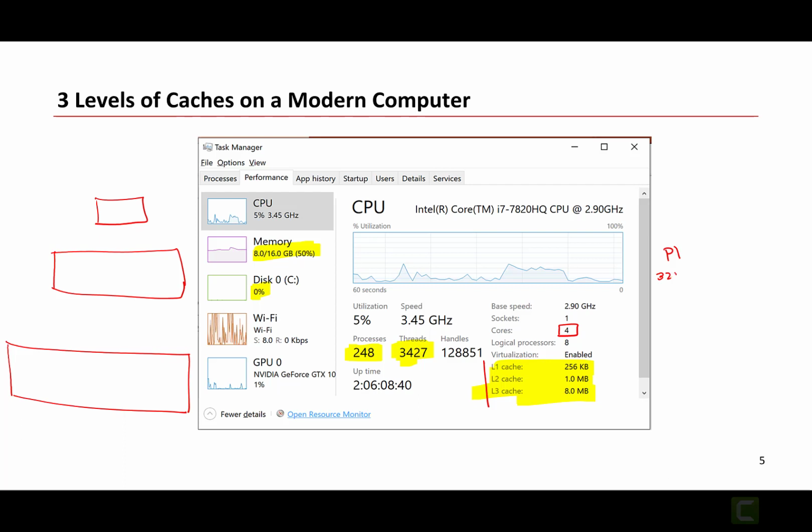So each cache is then going to be of size 32 kilobytes. And as I said, this is an L1 cache, and I have 4 processor cores all integrated within one chip. Each of these processor cores will have their own L1s.